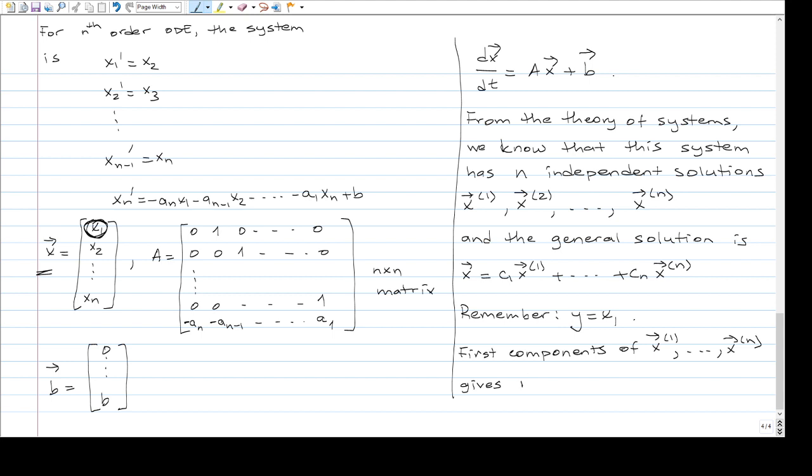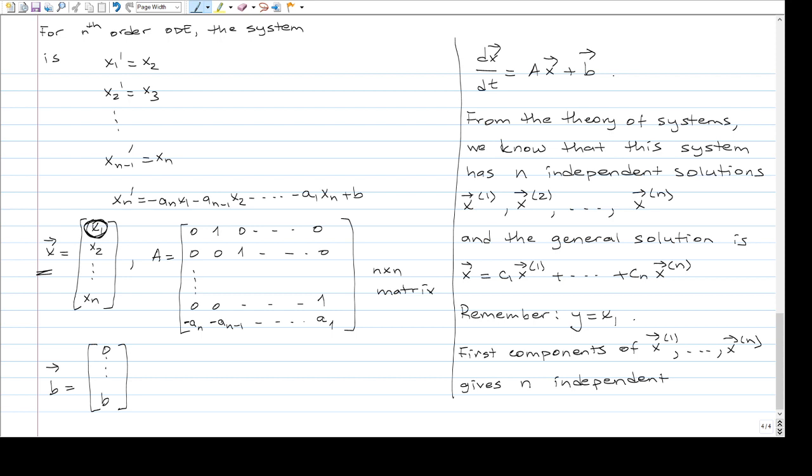They give n independent solutions, since these vectors are independent, because of the nature of the matrix A in our system. It's a special matrix, not any matrix. It's the matrix coming from one equation.